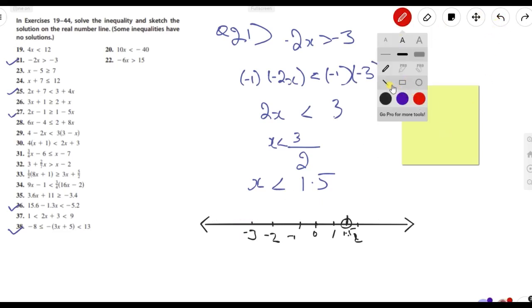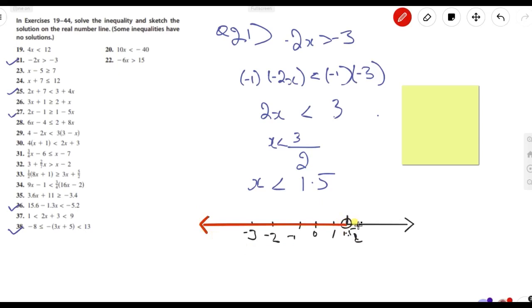That's how I represent it. All the numbers at the left side are definitely less than 1.5. They're all included, and that's how you do it. And 1.5 is not included, that's why you put a hollow circle.